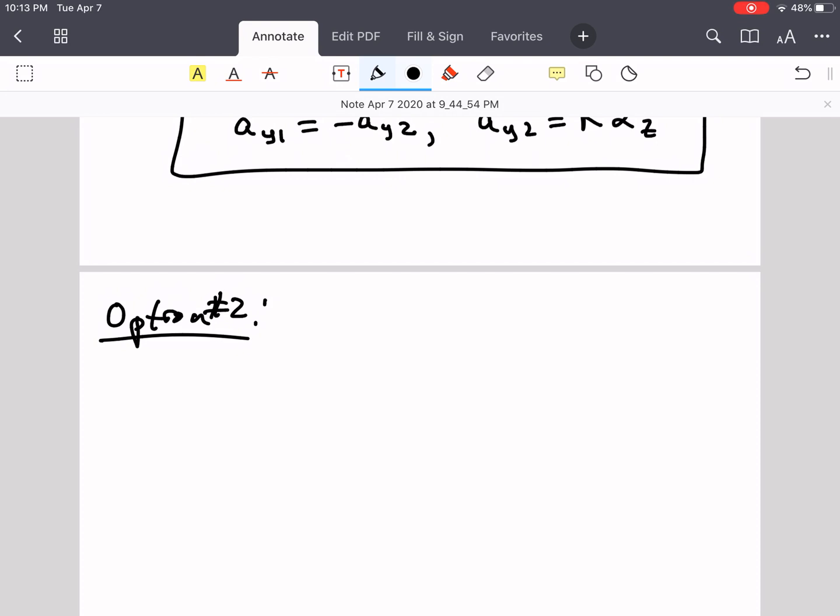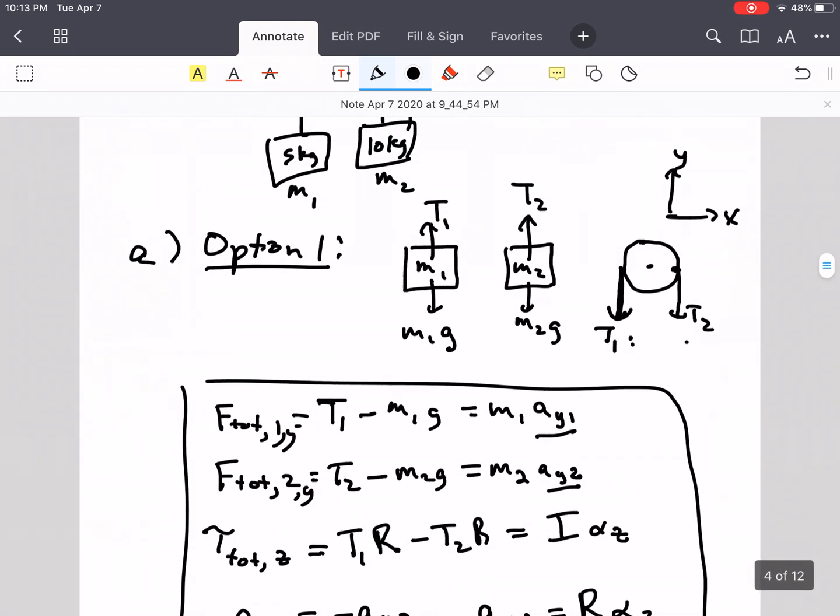For this problem, because all I care about, at least in part A, is velocity, in other words, kinetic energy, the better choice is to use conservation of energy. In particular, we're given an initial condition where everything is at rest.